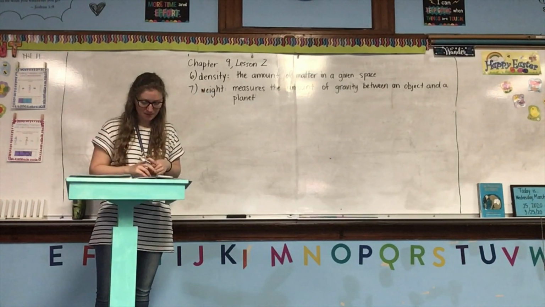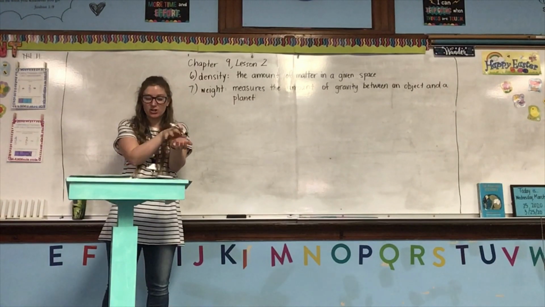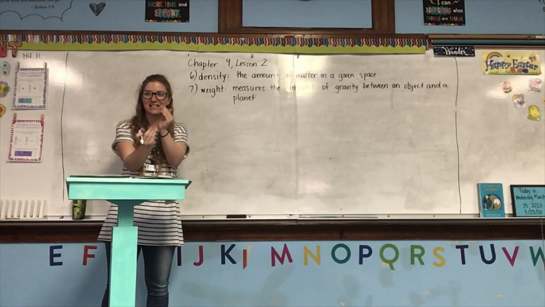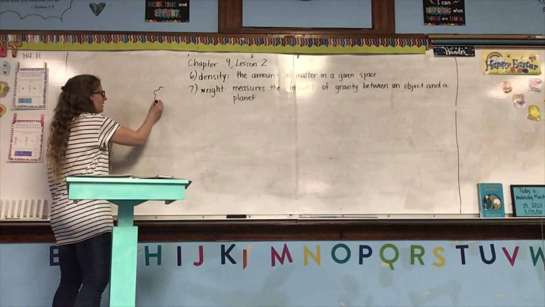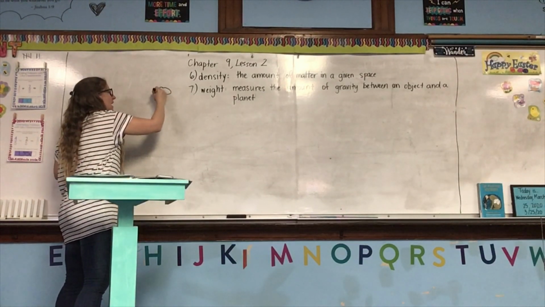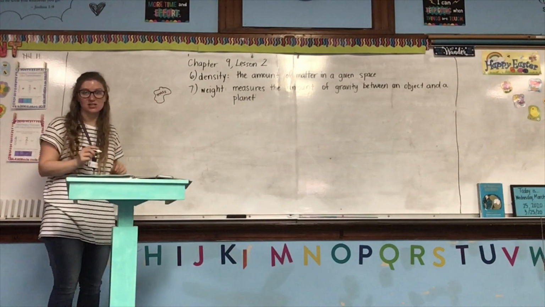So the difference is, mass is how many particles or how much matter is packed into that object. So if we wanted to say the mass of a rock, that would be how much matter is inside this rock.